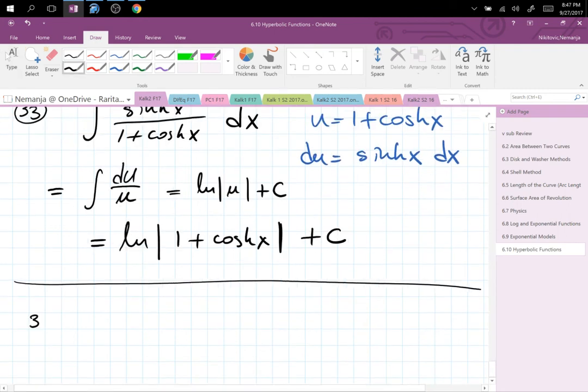How about 32? Integral of secant hyperbolic squared x tangent hyperbolic x dx.